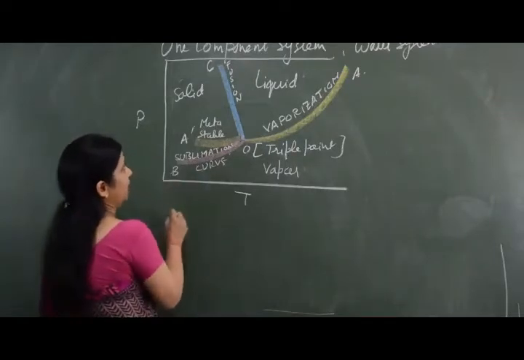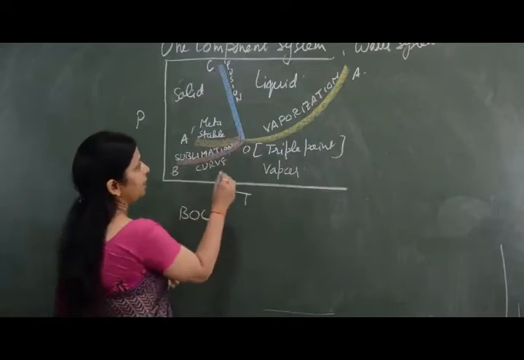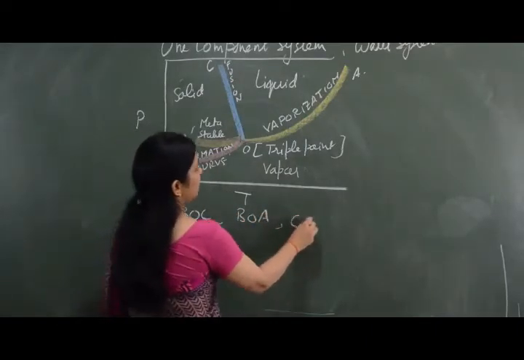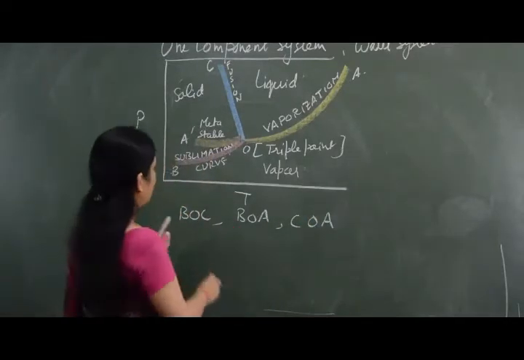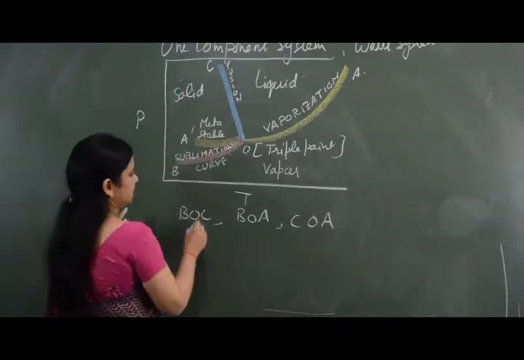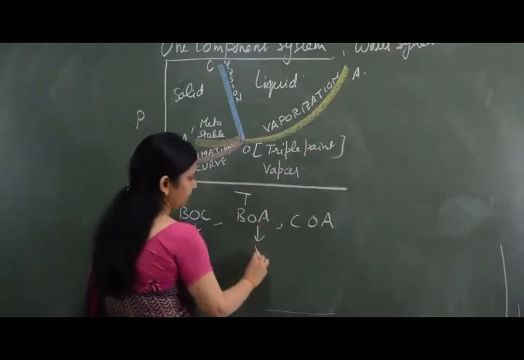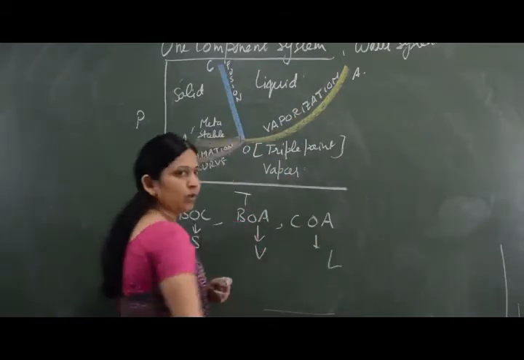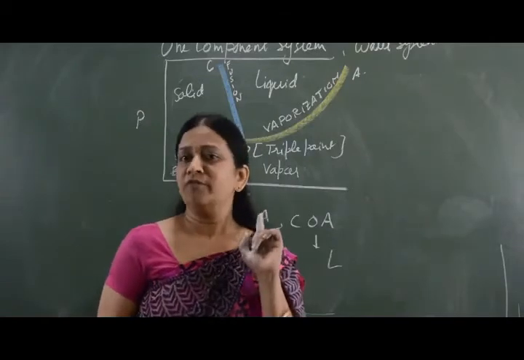So we have three areas, BOC, BOA and COA. Now if we see the three areas, BOC has the solid phase, BOA has the vapor phase, and COA has the liquid phase. So in each area we have only one phase.